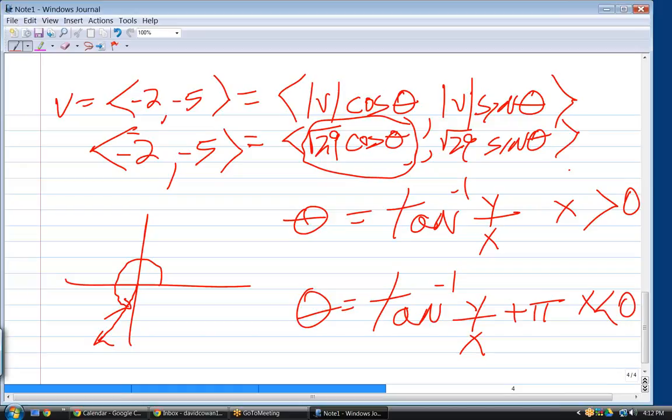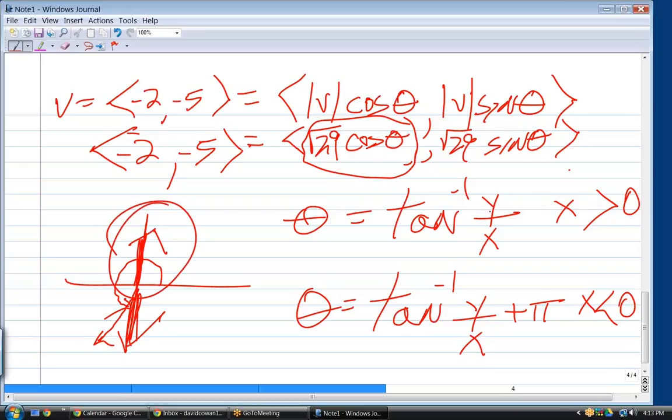Infinity? Or would it be 90? In other words, if x is 0, then we're looking at a vector that has no x direction, which means it's either this vector or it's this vector. You with me? Okay, well, if it's this vector, y is going to be positive.